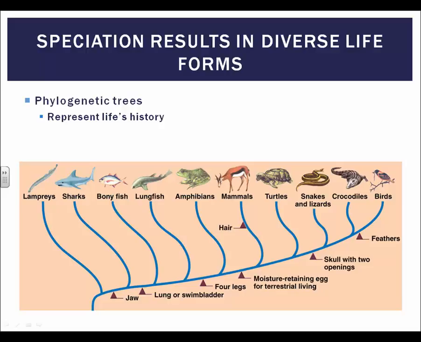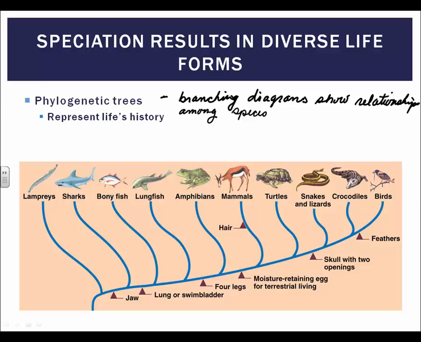So a phylogenetic tree is a branching diagram that shows relationships among species, groups, or even genes.